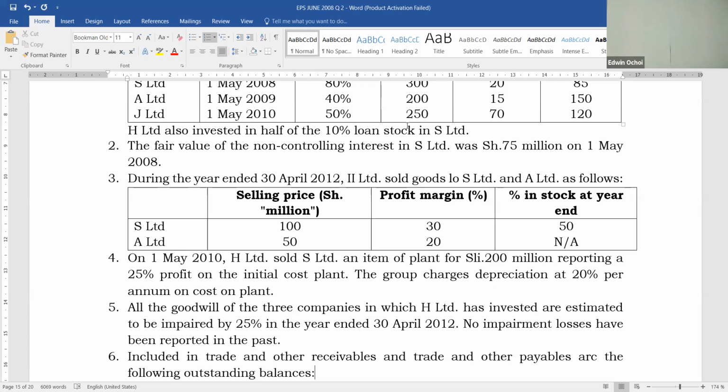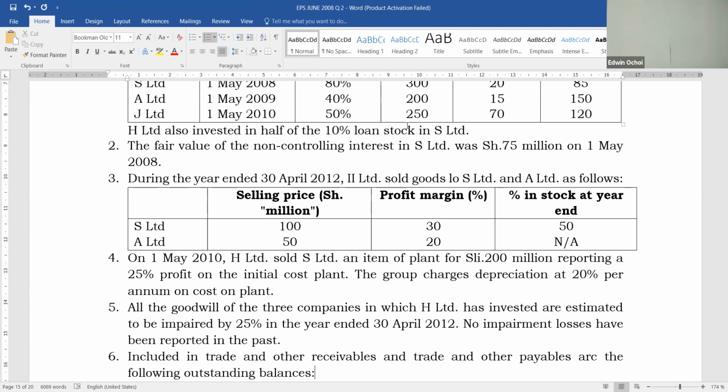To know the methods to use in computation of goodwill, you need to know this: when computing goodwill, you either use the full method or the partial method. For you to use the full method, you must be given the fair value of non-controlling interest.